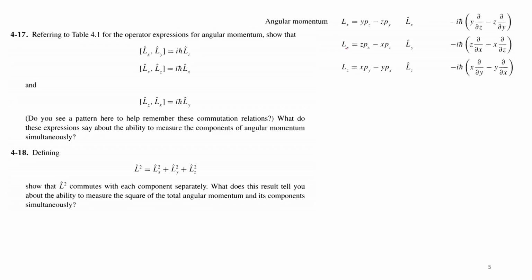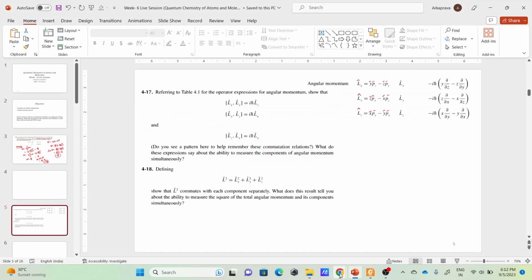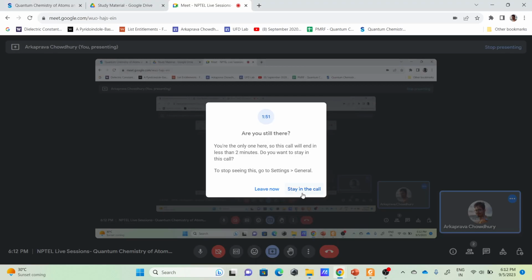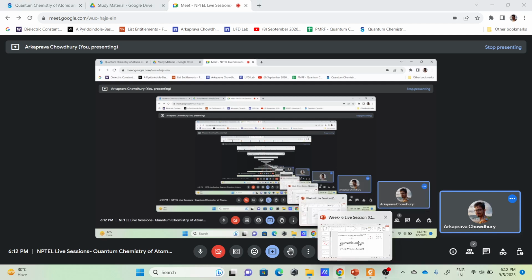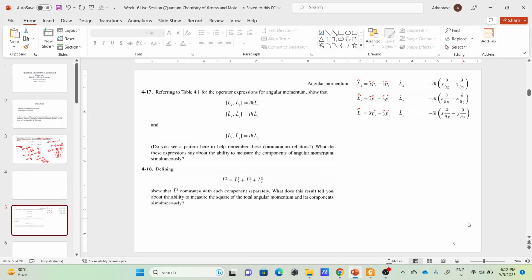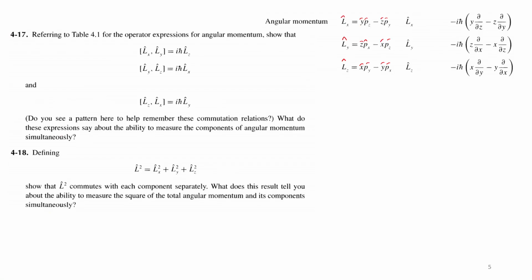For linear momentum, you already know the operators. Let me just give the cap sign so you will remember this. I don't have to explicitly write that out.